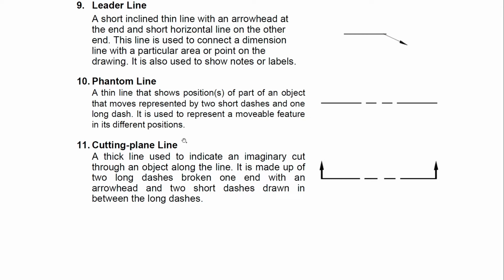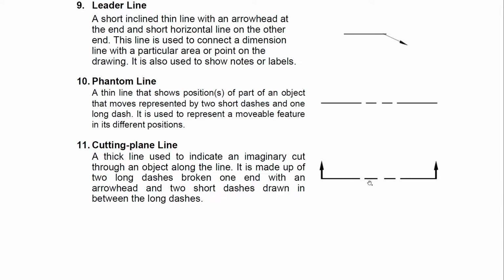Next is the cutting plane line. So, a thick line used to indicate an imaginary cut through an object along the line. It is made up of two long dashes, broken one end with an arrowhead, and two short dashes drawn between the long dashes. So, ito yung itsura ng ating cutting plane line.